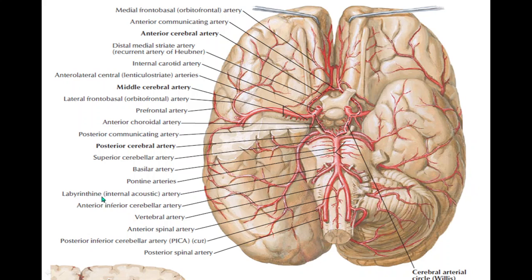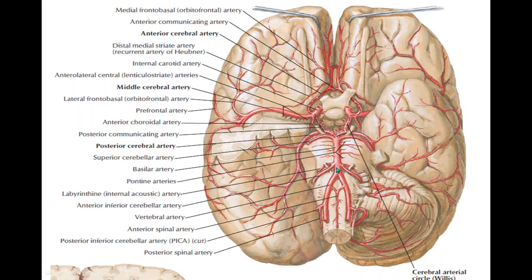The labyrinthine artery is also called the artery of the inner ear. It runs along with the eighth cranial nerve, the vestibulocochlear nerve, through the inner ear and supplies the labyrinth of the inner ear, including the facial nerve. Got it? So this is one more branch of the basilar artery.